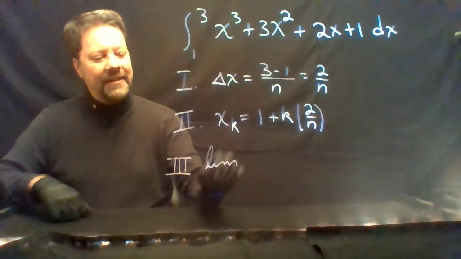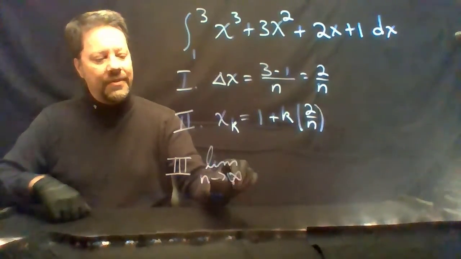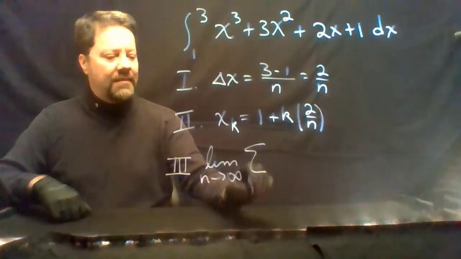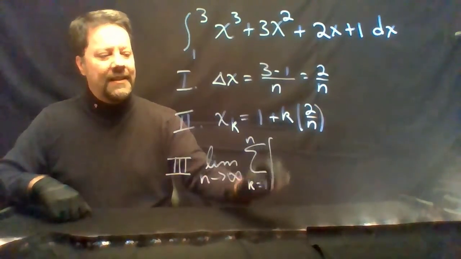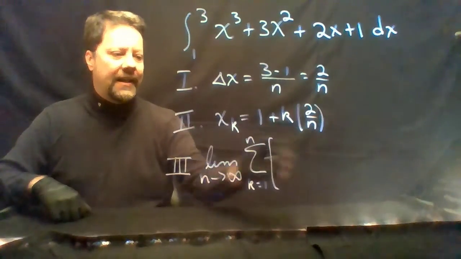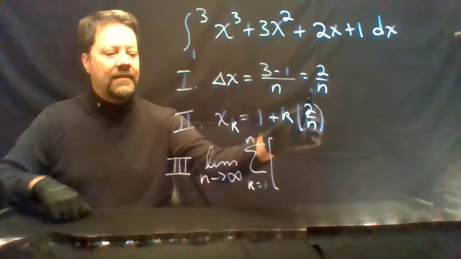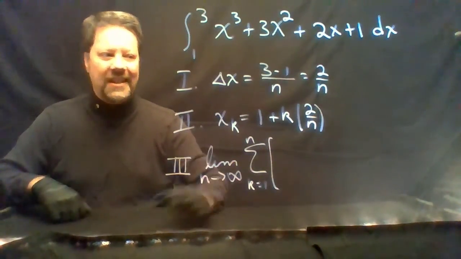We'll take the limit as the number of partitions goes to infinity of the sum as k goes from 1 to n. At this point, we have to evaluate our function at each of the xk's and then multiply by our delta x.